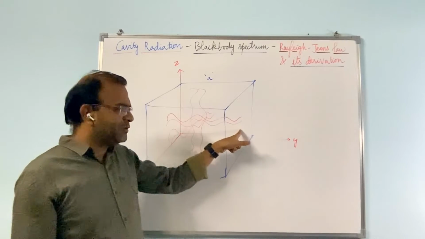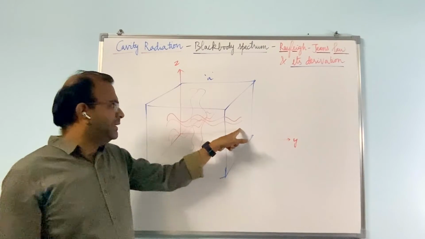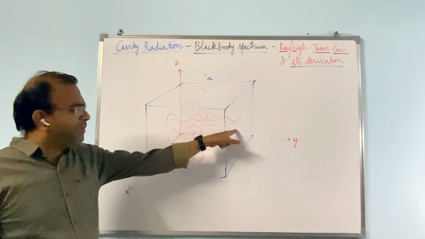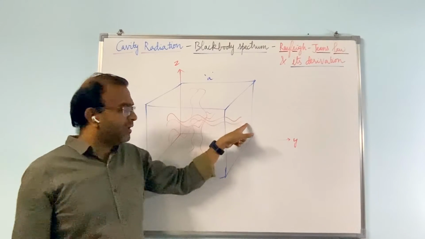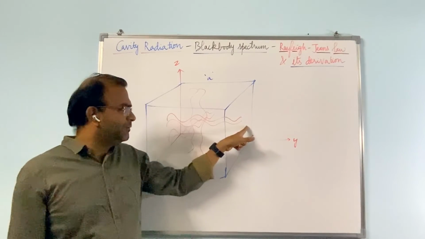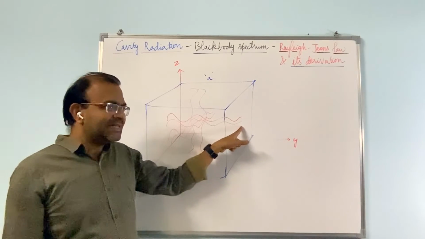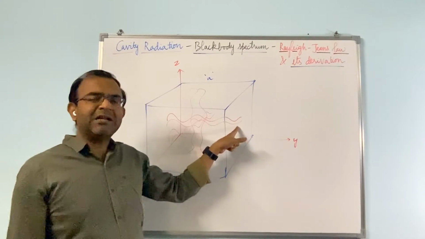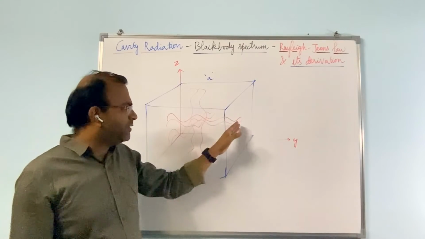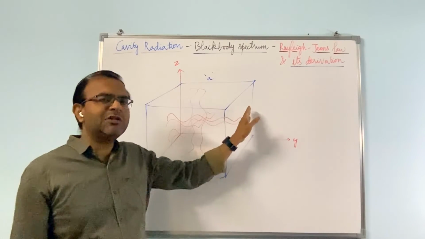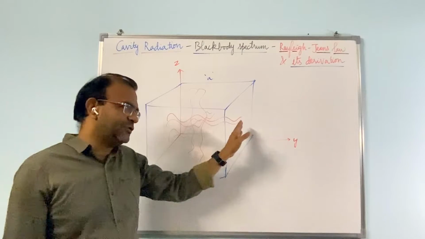Now at x equal to 0, the radiation is propagating perpendicular to the wall at x equal to 0. So in an electromagnetic radiation, the electric field vector is perpendicular to the propagation direction, and therefore the electric field vector in this case must be parallel to the wall at x equal to 0.